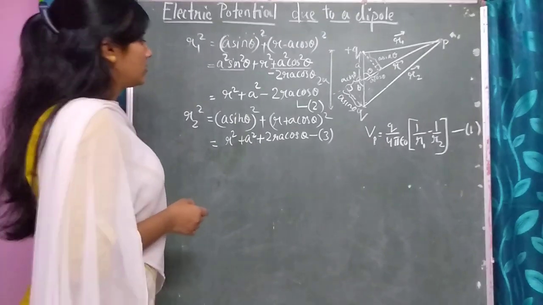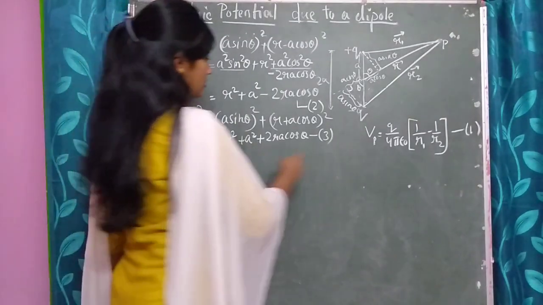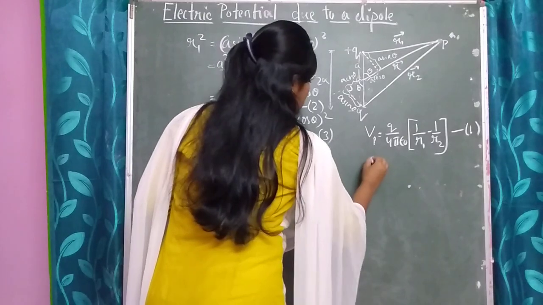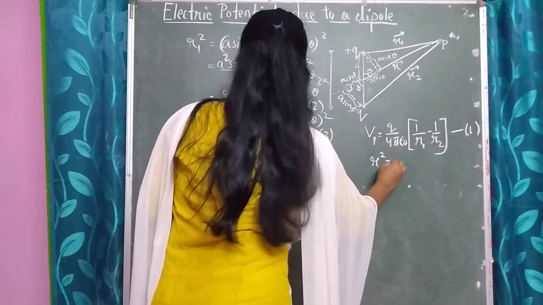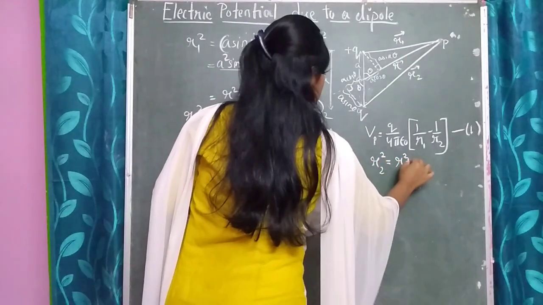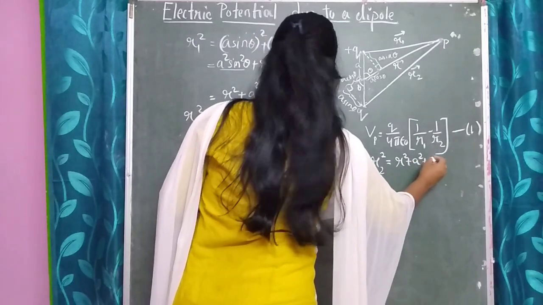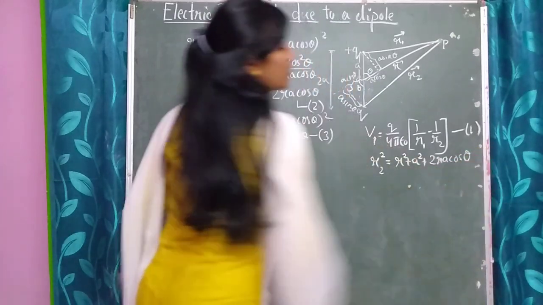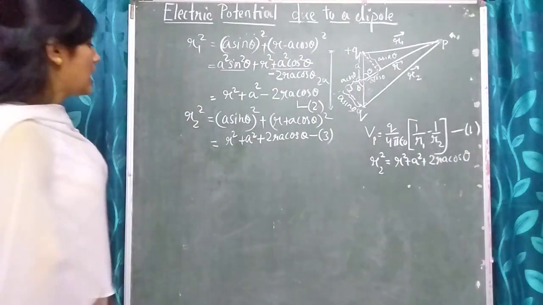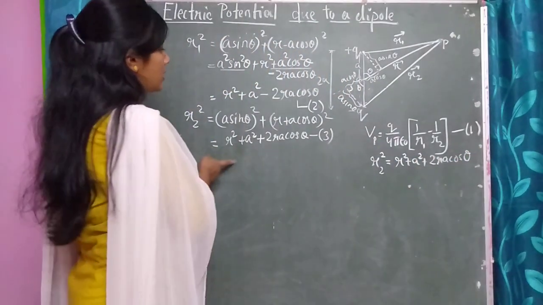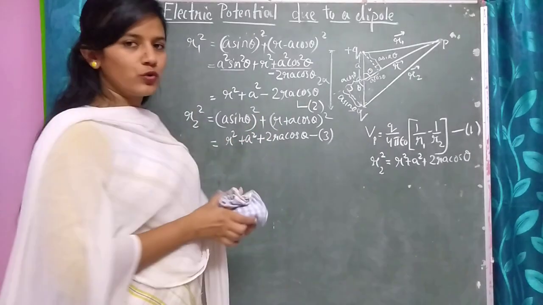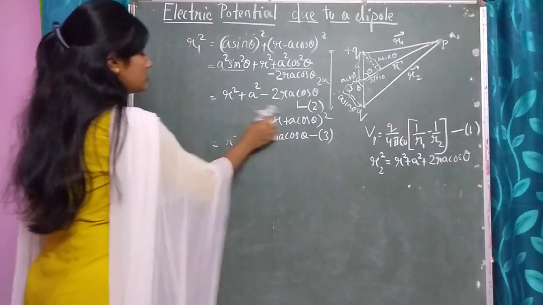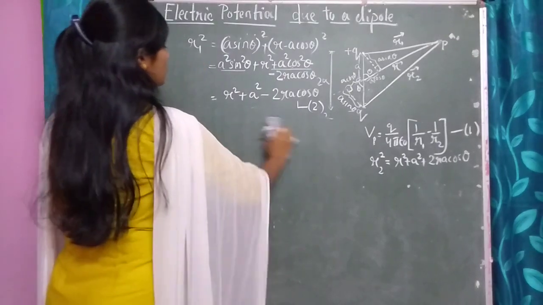So I am writing equation 3 now here as R2 square is equal to R square plus a square plus 2Ra cos theta. Okay, after this I will again jump to equation 2. So let us solve this equation 2.